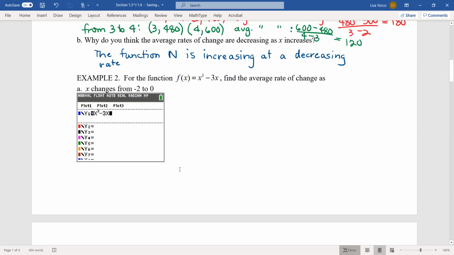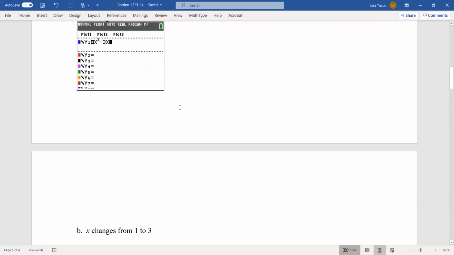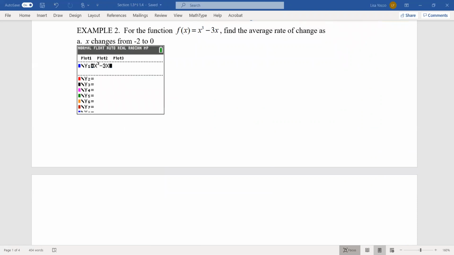And what I'm going to do is use my table to look at the X values that I'm interested in, parts A and B: -2, 0, 1, and 3. So I'm going to my table and putting in -2, 0, 1, and 3.